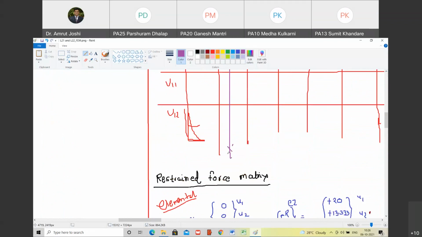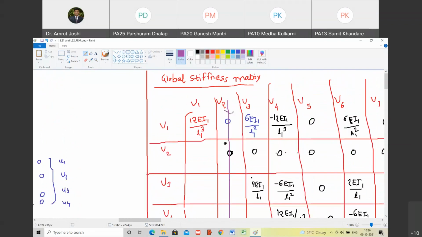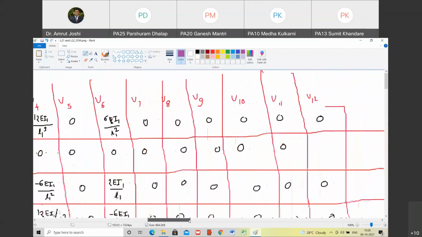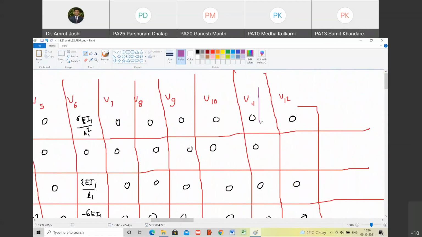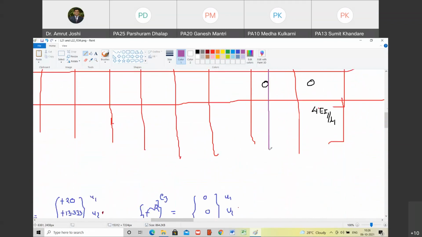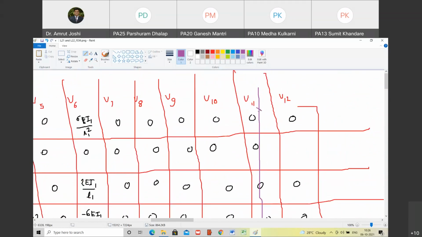I assume as if this column is not present. Then U11 के corresponding, which is the column, this one. I assume that this column is not present.